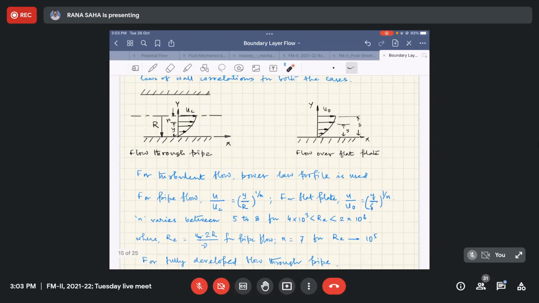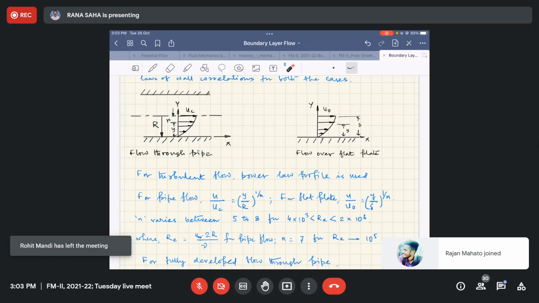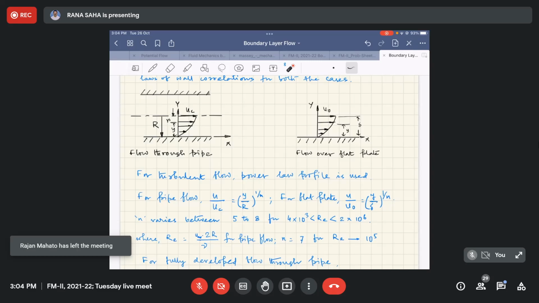Using that relation, which is valid for turbulent flow, typically, not the turbulent boundary layer, because the concept of boundary layer was absent in our fluid mechanics 1, but the finding where we understood the loss due to flow, that is the friction loss, major loss, and the related equation, which is experimental.